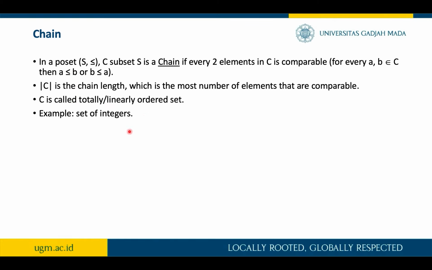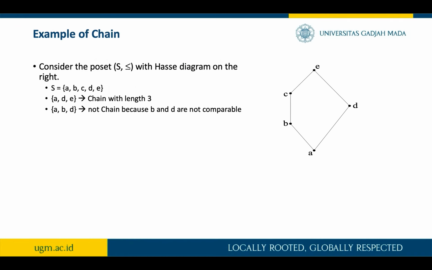An example of a chain is the set of integers, because we are always able to compare any two integers. So the set of integers is an example of a chain. This is another example of a chain. This is the Hasse diagram of a poset.